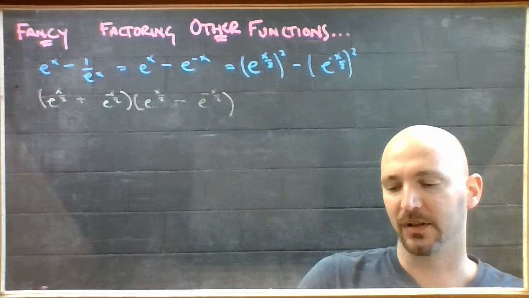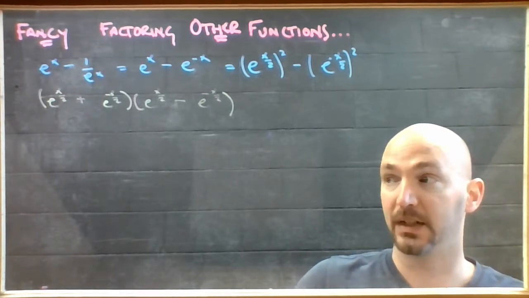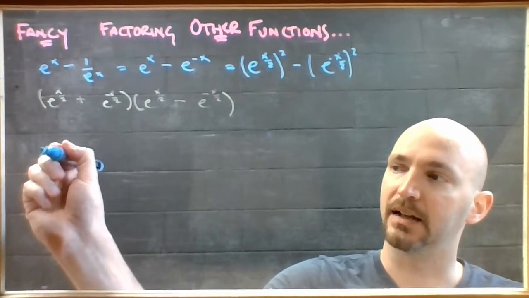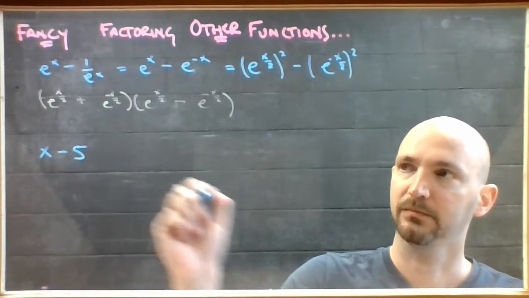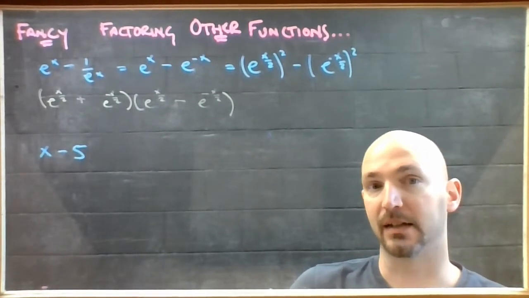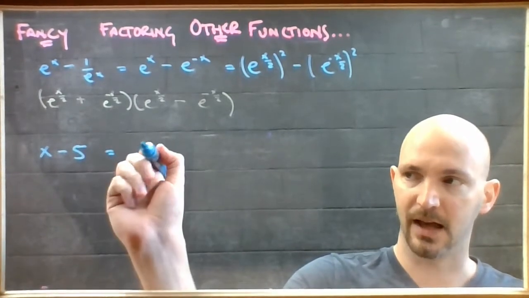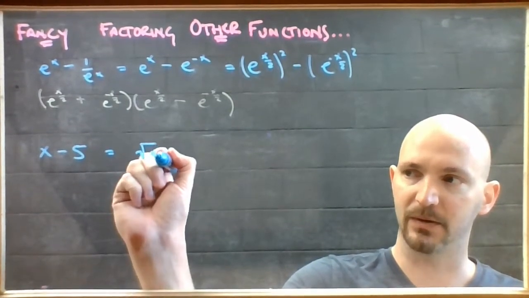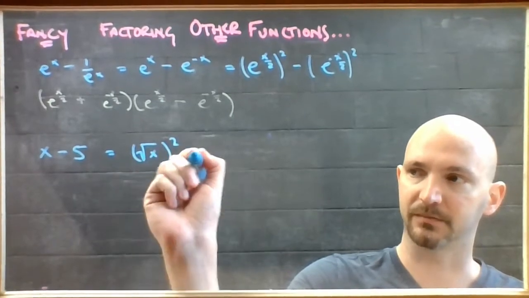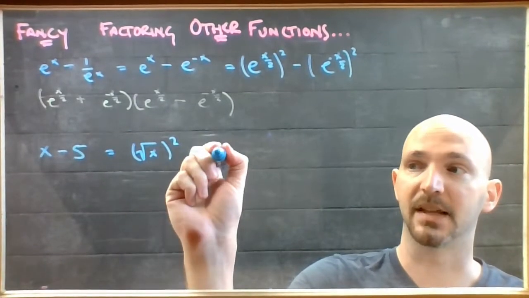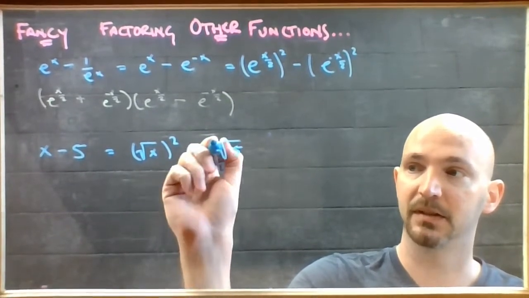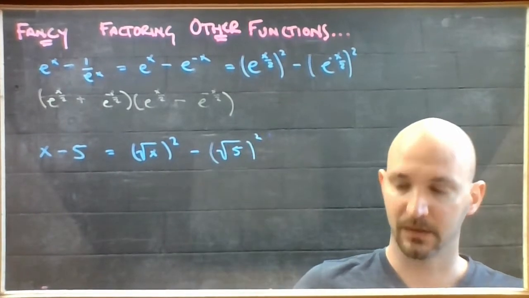One that's similar, that doesn't look like it can be factored, but it can be, something like x minus 5. And that doesn't feel like a difference of squares unless I remember that x is the same as the square root of x squared, and 5 is the same as the square root of 5 squared.